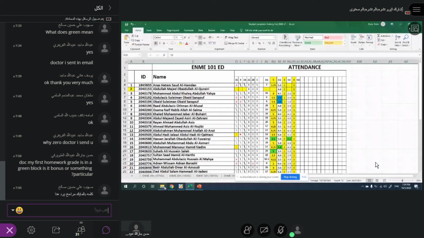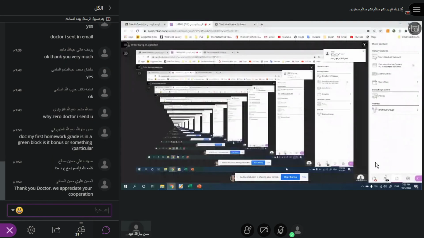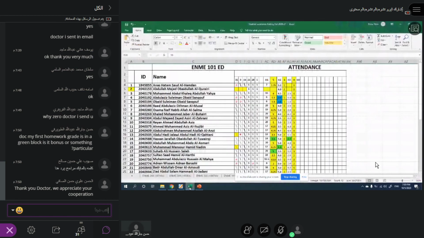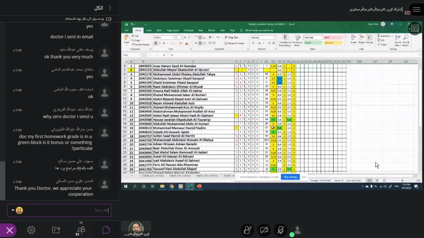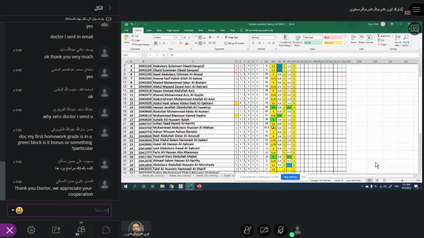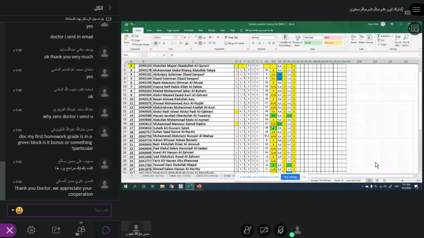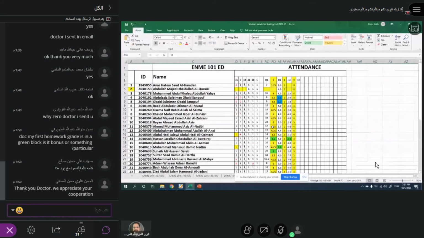Doctor, doctor. Yes. My first homework grade is in a green block. Does it mean bonus or something? Yeah, any green will always be a bonus. Any green, if you see, you will get the bonus later. Not now, because I will check your performance until the last exercise, and however many greens you get, that many you will get some bonus.